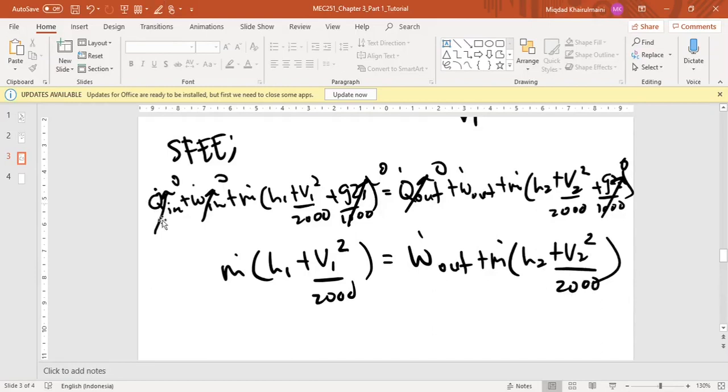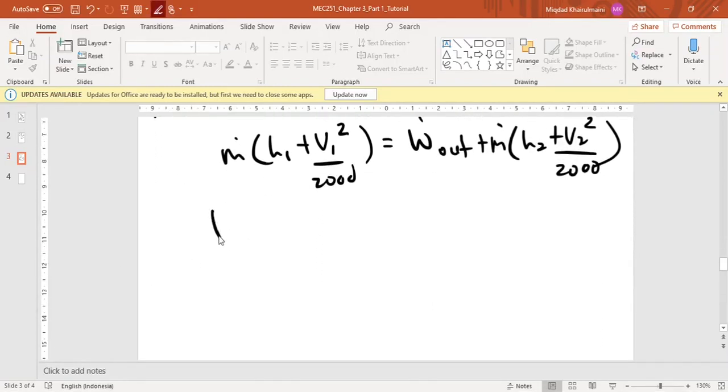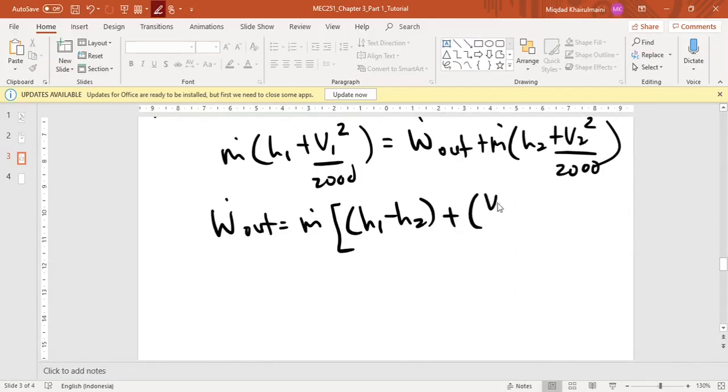Then we rearrange to find the work output. Be careful of the brackets. So this is the rearranged equation.